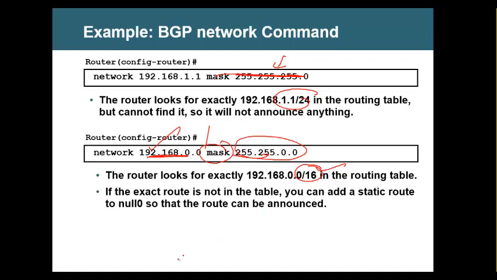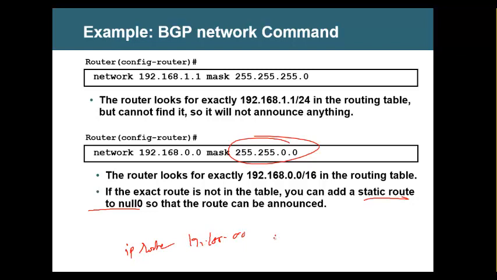So here they are giving you a nice example of how the mask that you specify here and the mask that is there in the routing table are related. We have a static route pointing towards a null interface like this: ip route 192.168.0.0 255.255.0.0 null 0.